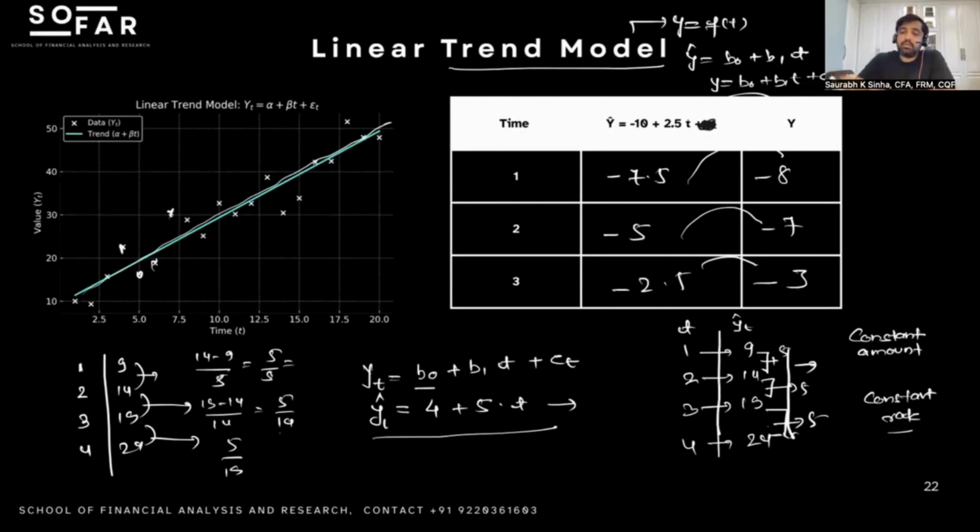And what is the error in prediction we write as? Actual minus predicted. That's why whenever we write the model, we write this error, because there would always be error in prediction. And that error has to follow what process? White noise process.